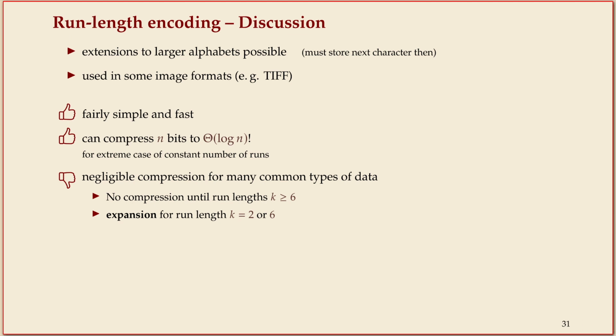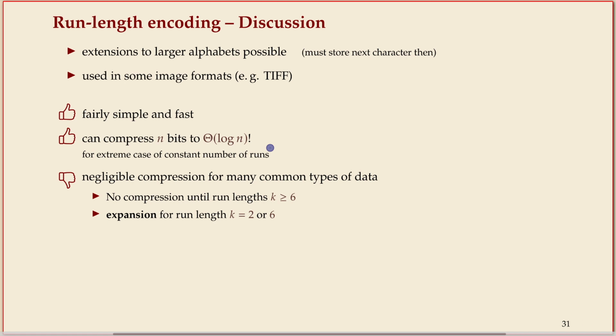What do we like about it? It's simple and fast. Because of its simplicity, it can be implemented to be very fast. And it can do something that the methods that we've covered so far could never do. Namely, it can compress something that has n bits down to essentially a logarithmic number of bits, if that input is just all zeros, for example.